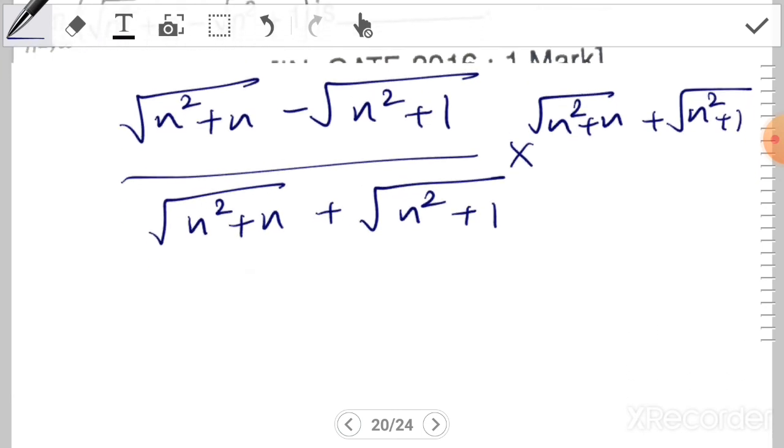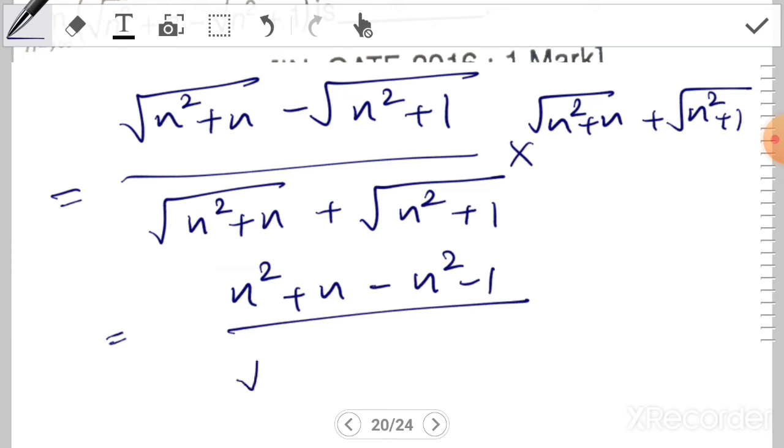The roots will be removed from the numerator, since (a minus b)(a plus b) gives a square minus b square.